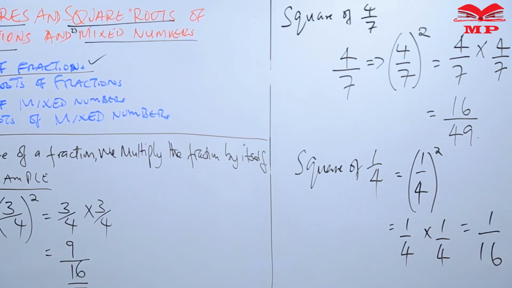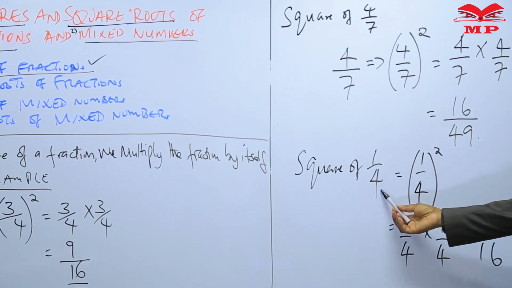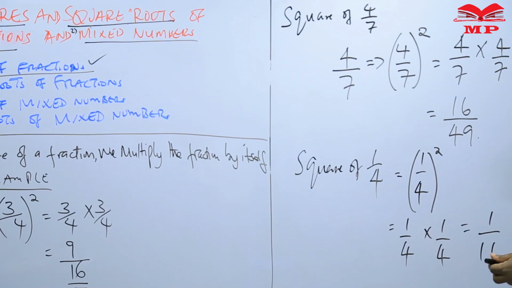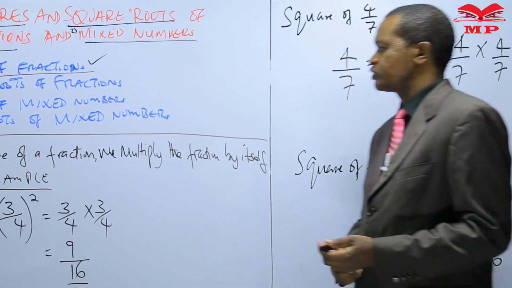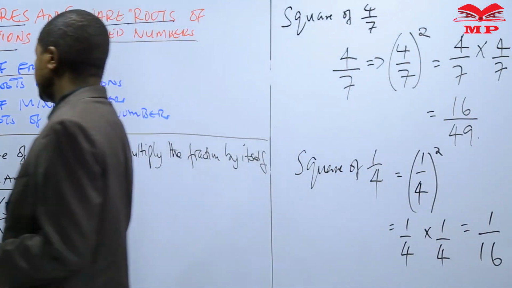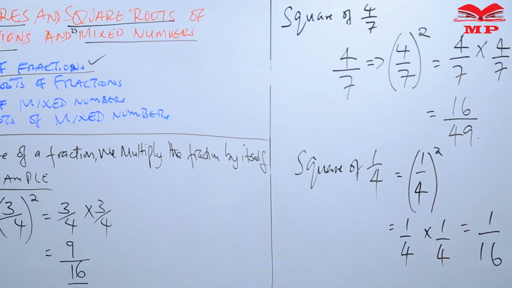So 1 over 16 is the square of 1 over 4. Those are enough examples to help us see how to find the square of a fraction.